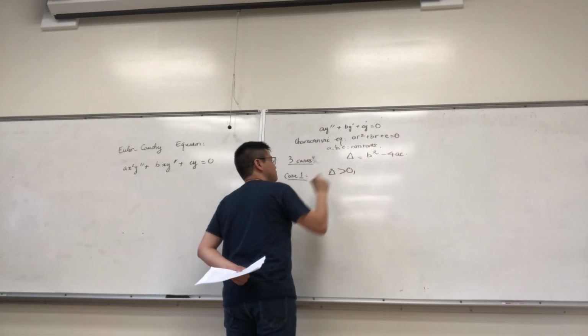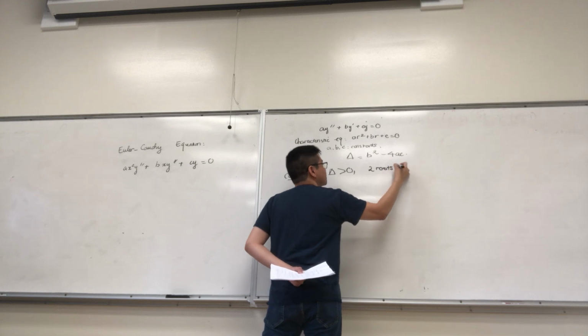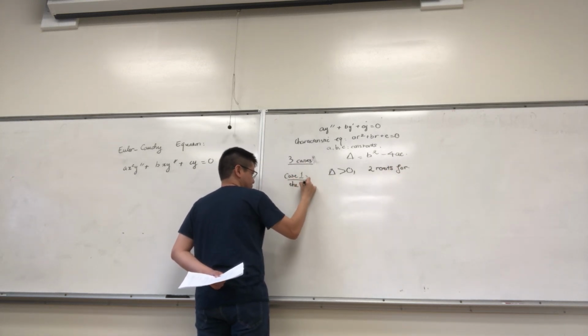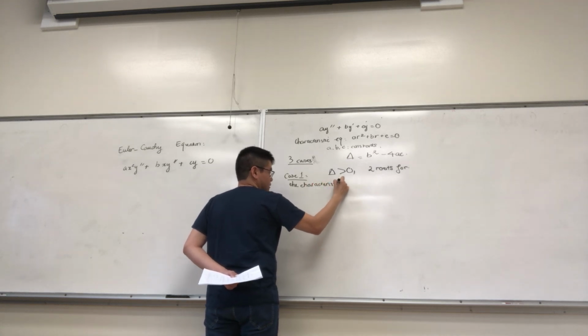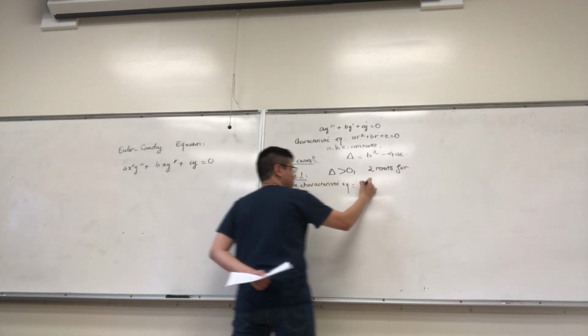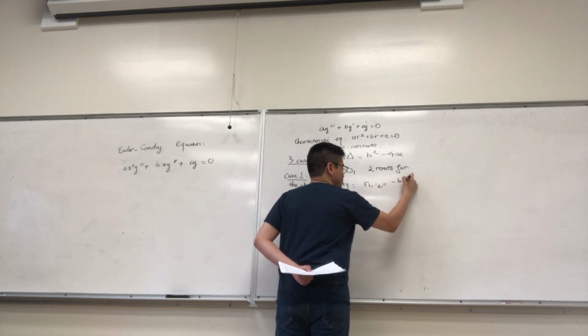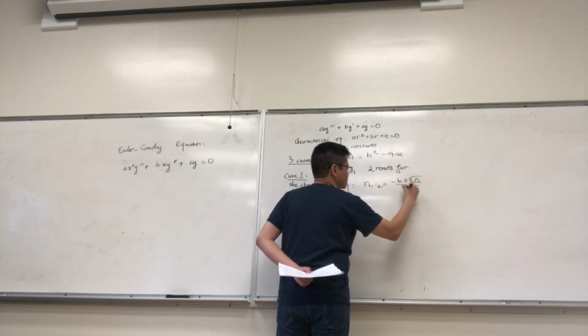When delta is positive, you have 2 roots for the characteristic equation. So r1,2 will be minus b plus or minus square root of delta over 2a.